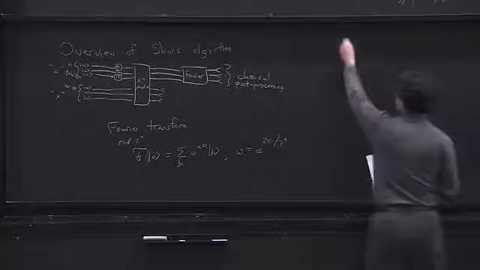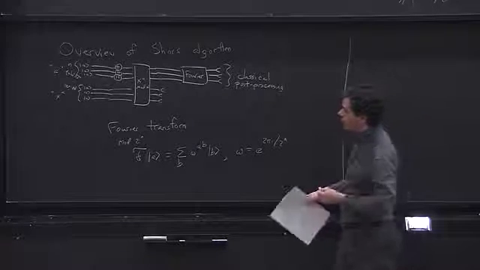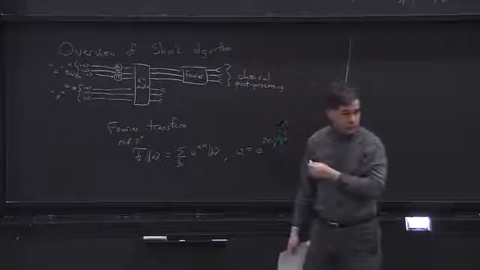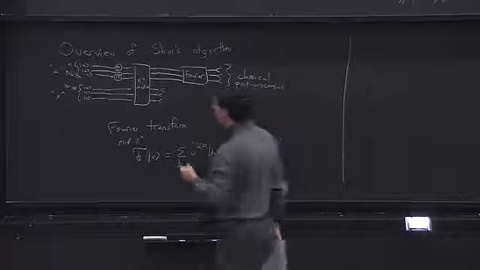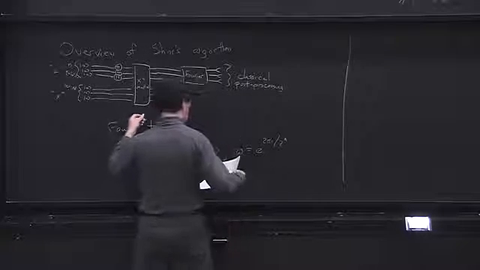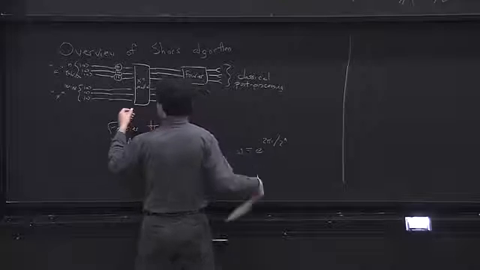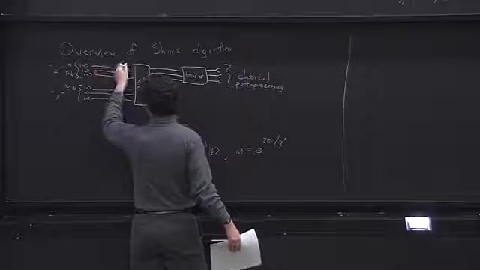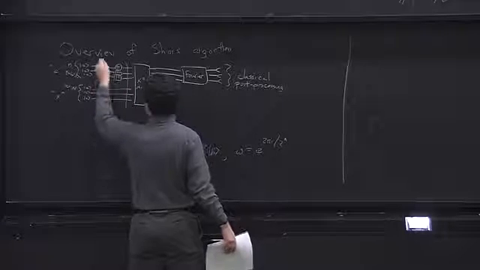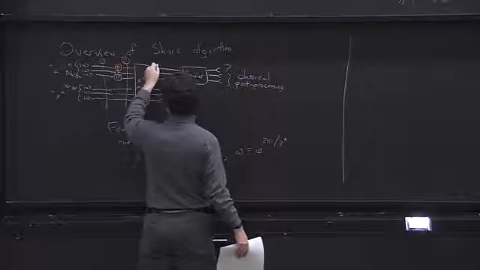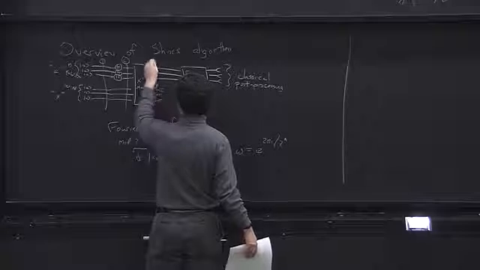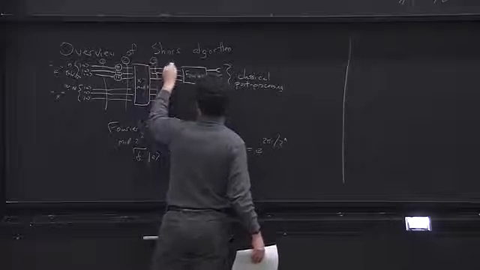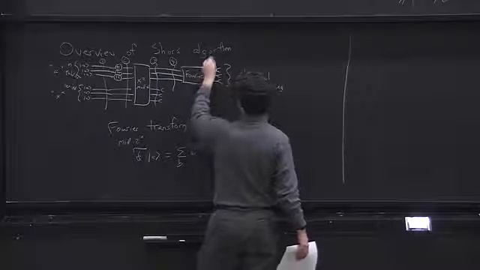Let's go through, as we did for Deutsch's algorithm, and try to understand what's happening to the state at each of these steps: step 1, step 2, step 3, step 4, step 5.